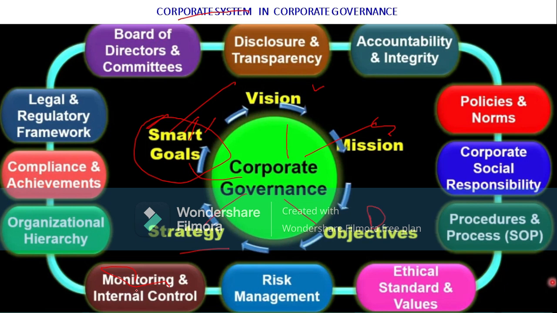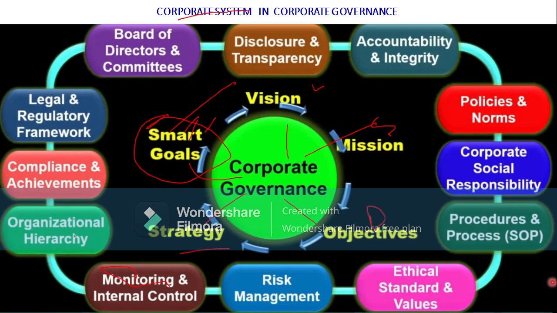For example, we may have different committees like grievance committee, shareholders committee, ethical committee, and an internal audit committee. All these are internal committees to check the performance of the organization. They will monitor the internal management.